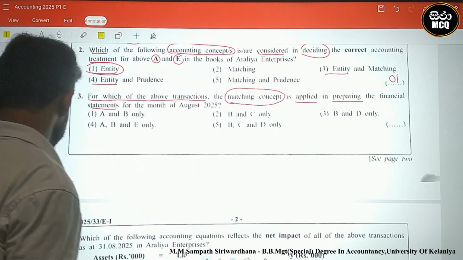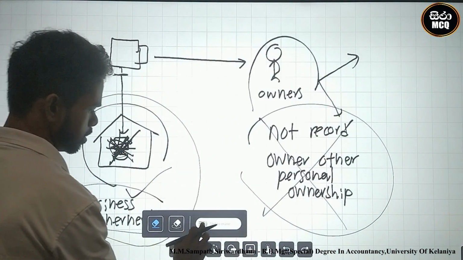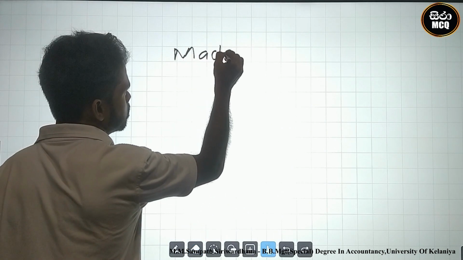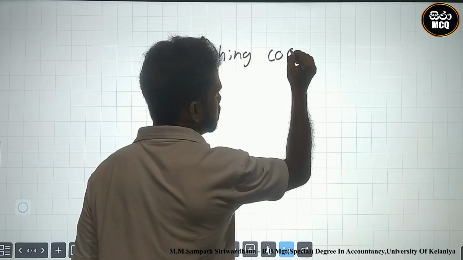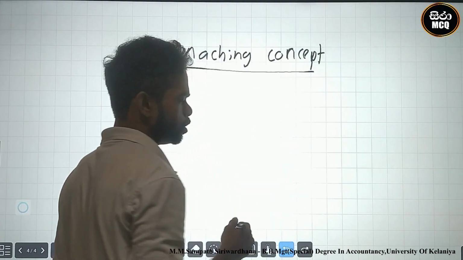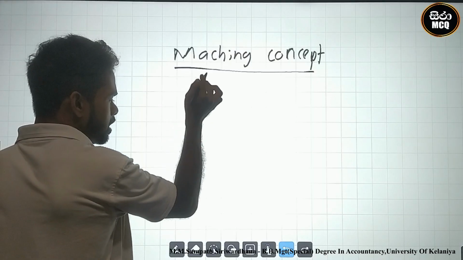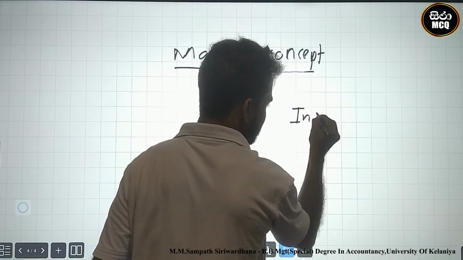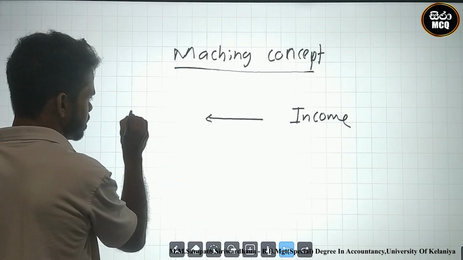What is the matching concept? Matching means there are couples. In the matching concept there are two parties: income and expenses. Income is matched to expenses.